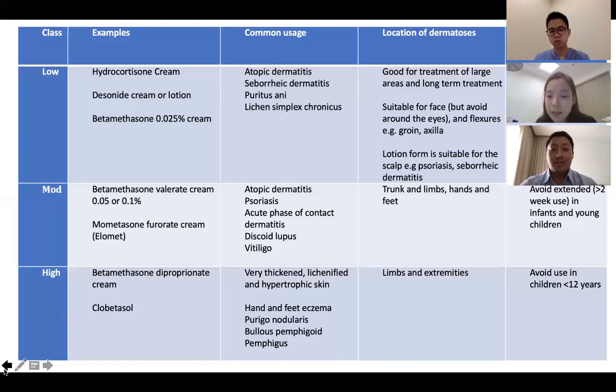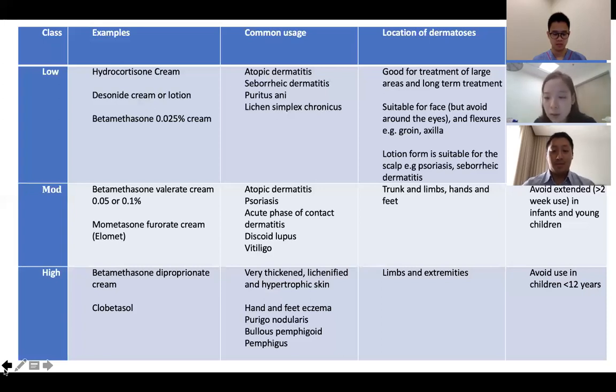So there's this group of steroid sparers in a cream form that's available now, which are calcineurin inhibitors like Protopic and Elidel. There are probably going to be new ones in the market, but for now, this is what we have. They don't contain steroids, but they have an anti-inflammatory property that is equivalent to probably a low potency steroid.